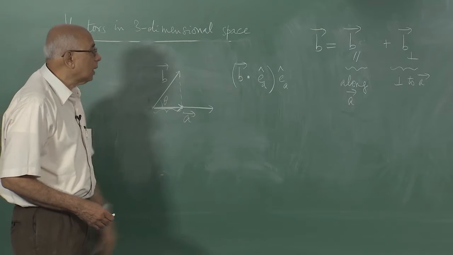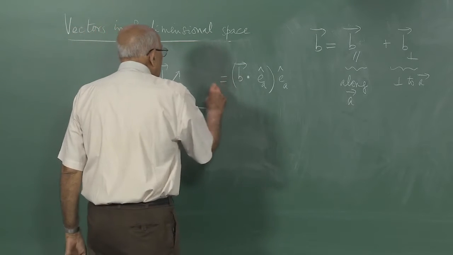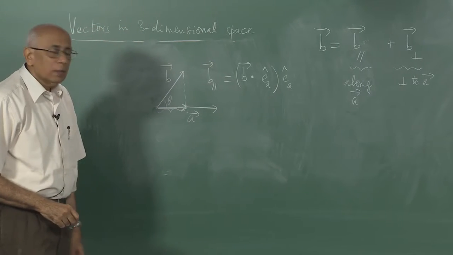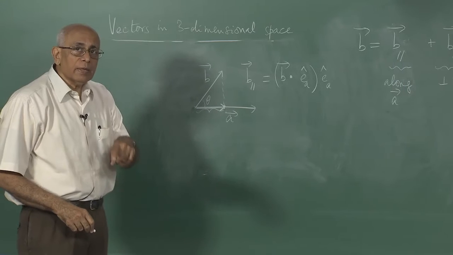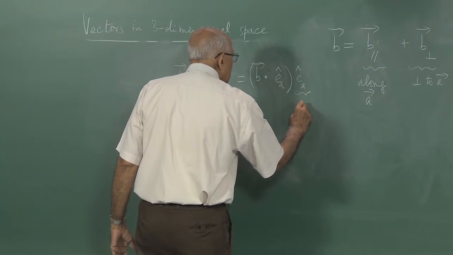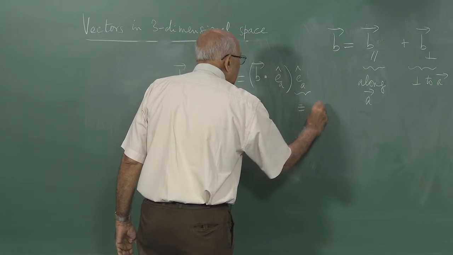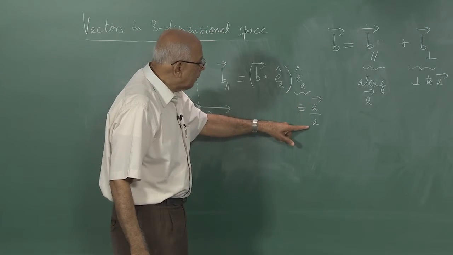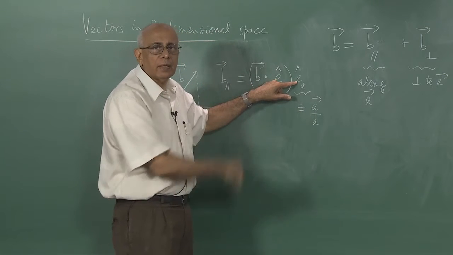B parallel is extremely simple to write down. This is equal to B parallel. Of course, if you do not like me to write the unit vector in the direction of A, it is easy to see that this by definition is equal to the vector A divided by the magnitude of A, because the vector A is the magnitude of A multiplied by the unit vector in its direction.